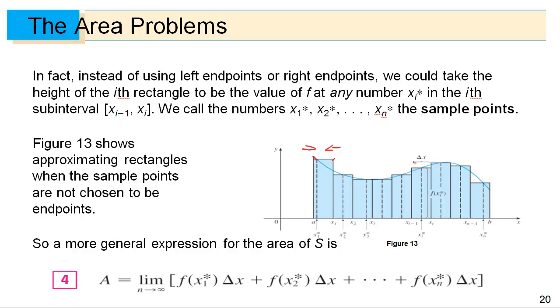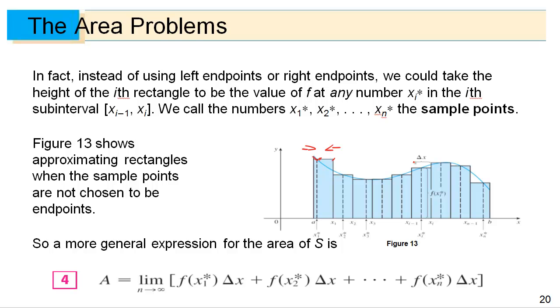And if you decided to start here, some value in the middle of your interval, again, as the rectangles thin, as the two sides shrink towards each other, then all three of these points end up getting swept together and they end up becoming the same thing. So it doesn't matter what you choose.